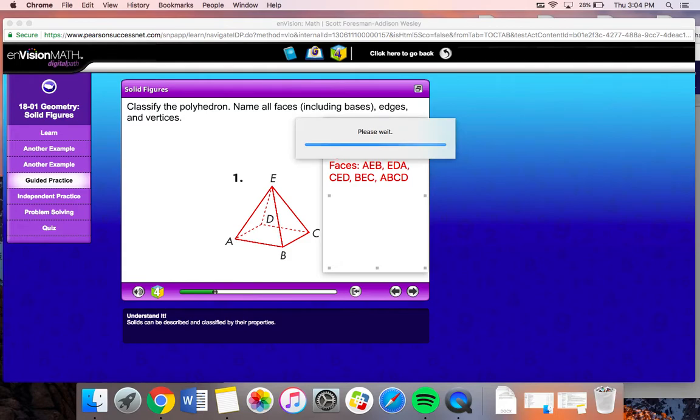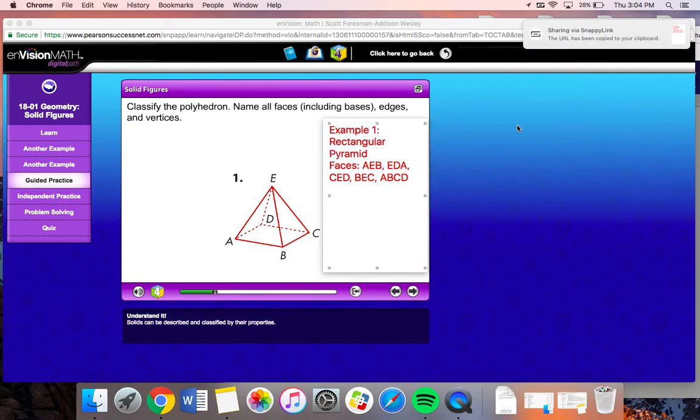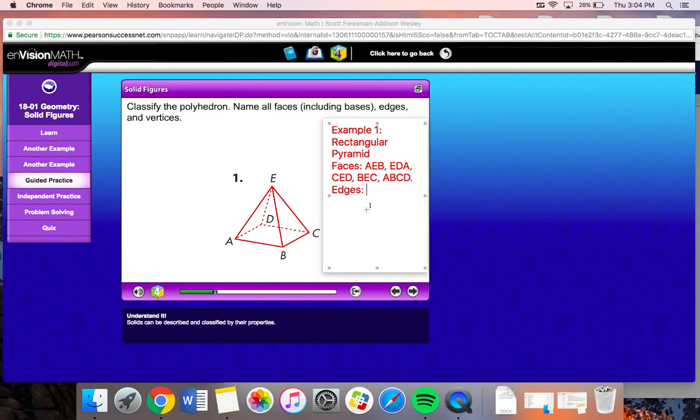All right. Now do the edges. All right, what are the edges? I see AE, and I'm just going to go through and label the edges.